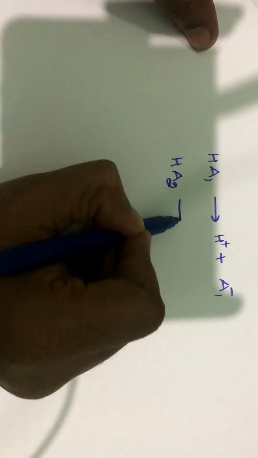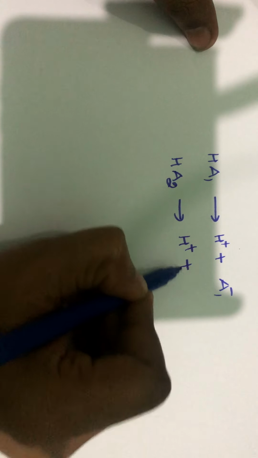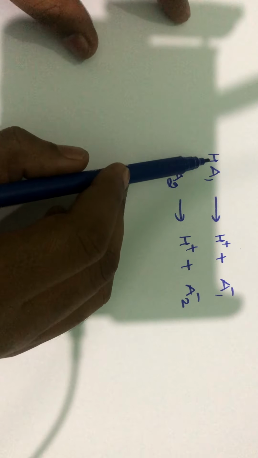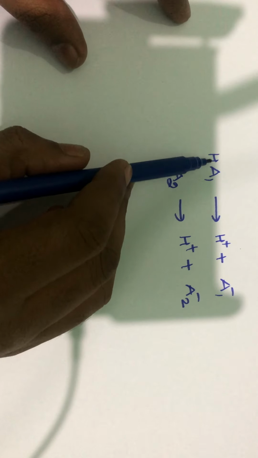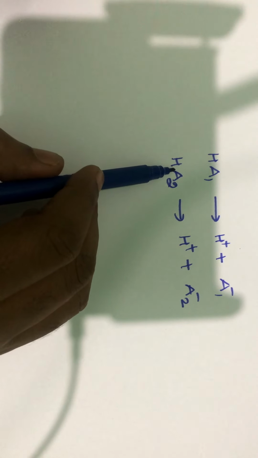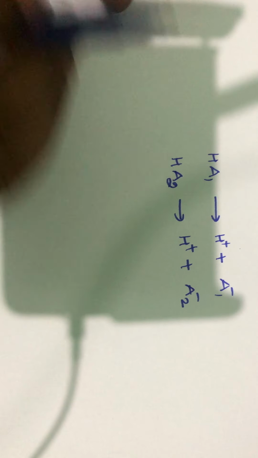Another acid HA2 gives H+ and A2-. How do we predict a strong acid? A strong acid is one that produces more H+ ion. So if HA1 produces more H+ ion, it is a stronger acid. If HA2 produces a little less H+ ion, I can call it a weaker acid.